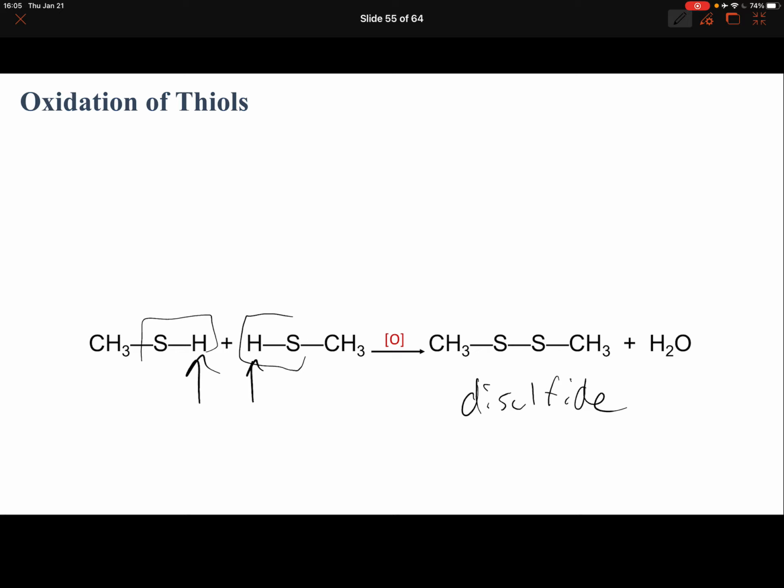The cysteines in the amino acid sequence of your hair form these disulfide bonds, and that's what gives curly hair. So this is caused in our bodies by the amino acid cysteine, but in nature these thiol groups will do this also. This happens in DNA as well with the thymine nucleotide.